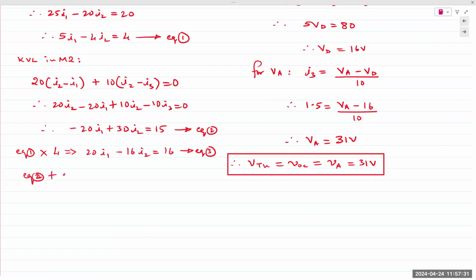Equation 2 plus equation 3 gives me, 20 I1 is gone, I'm left with only 14 times I2 is equal to 31. Therefore, I2 is 2.2142 amps. My Norton current, IN, is the short circuit current, ISC, which is the mesh current, I2, which is 2.2142 amps.